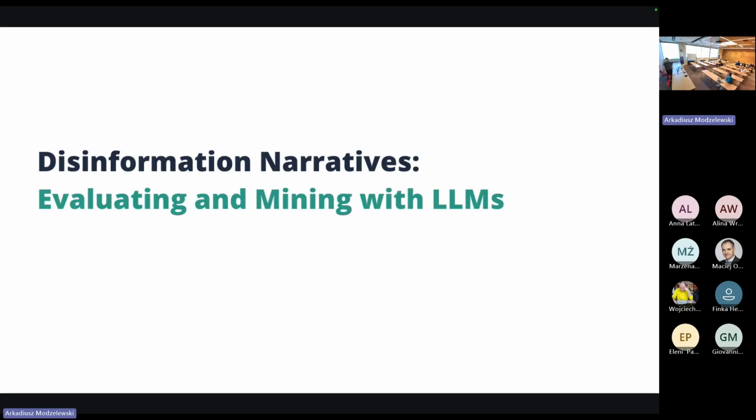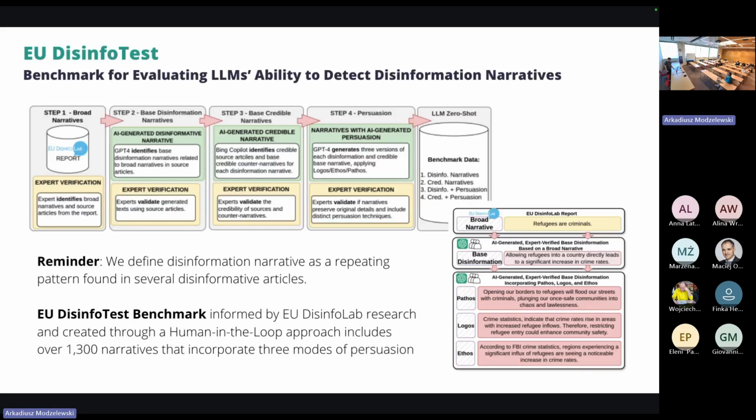And now something which is not my main topic, but I cooperated on these papers, on this research, and I will talk a bit about evaluating LLMs in terms of disinformation narratives, and mining disinformation narratives.